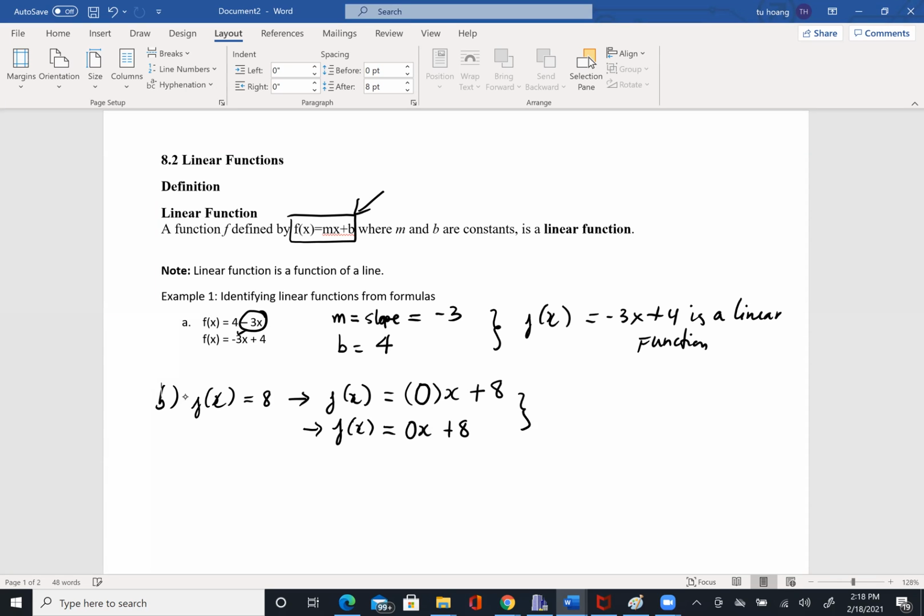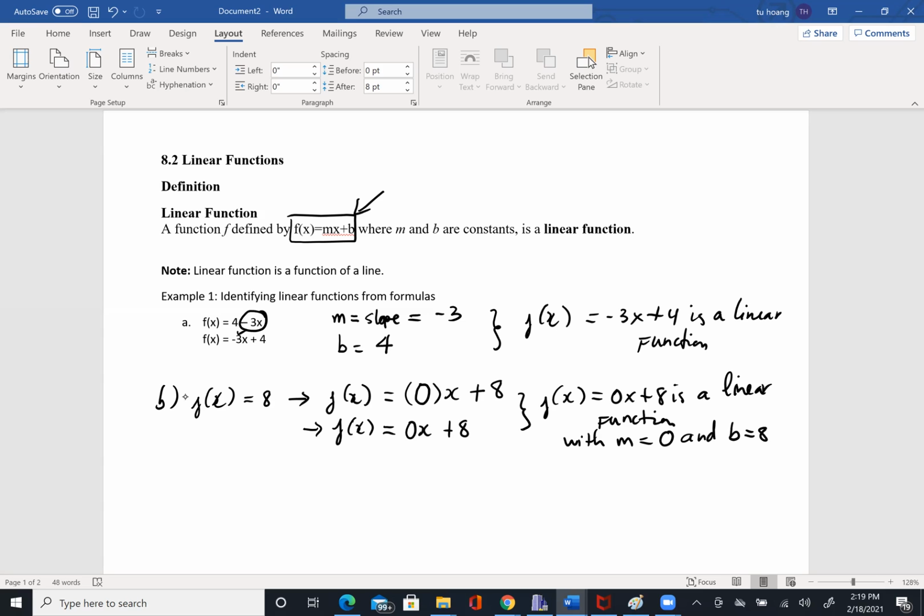So from here, you can say that f(x) = 0x + 8 is a linear function with slope m equal to 0 and b equal to 8.